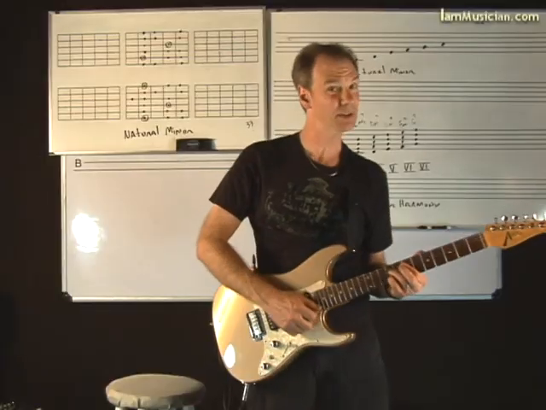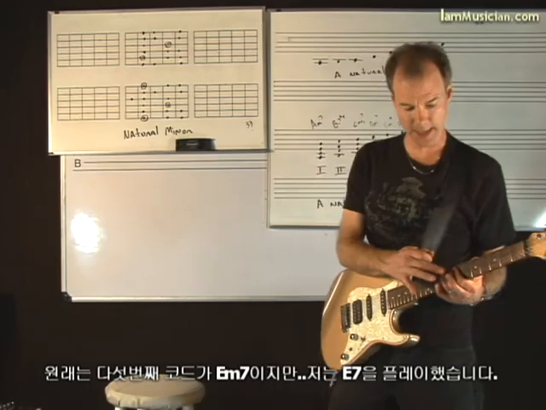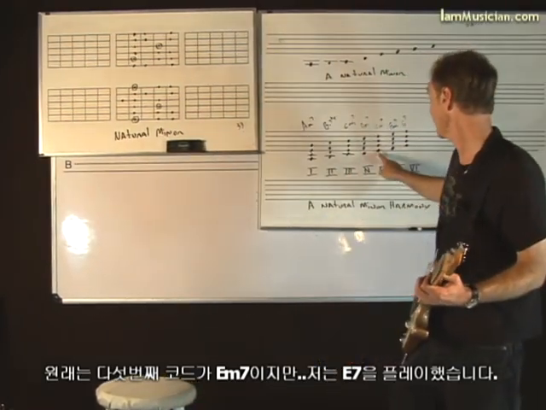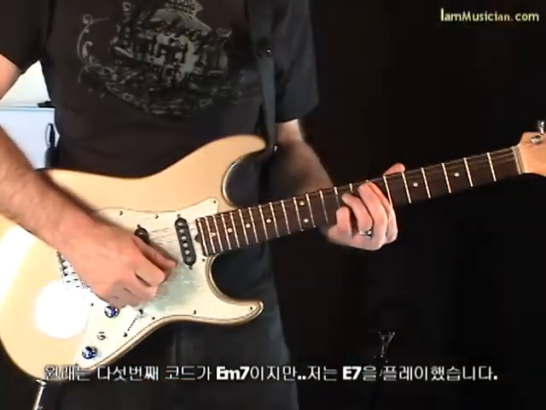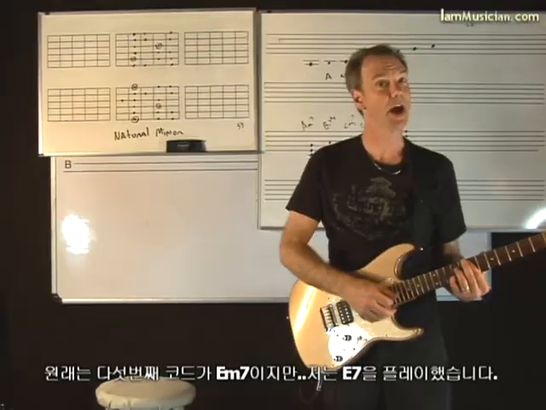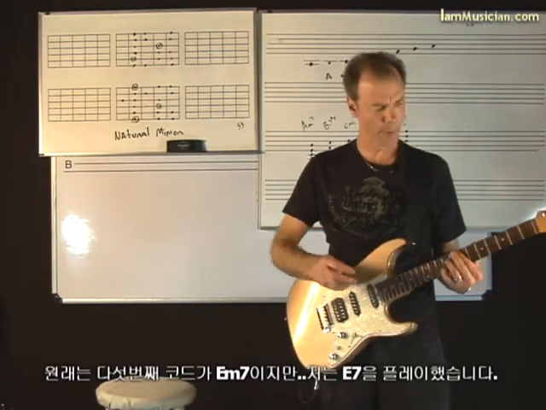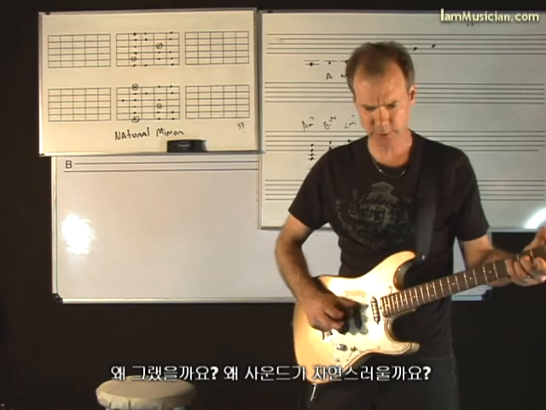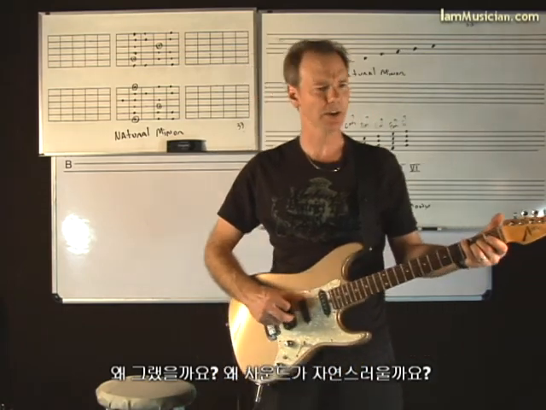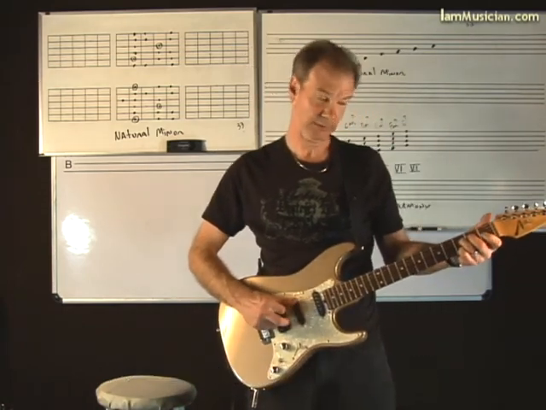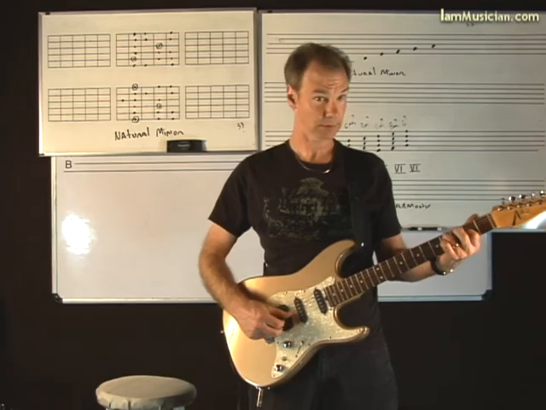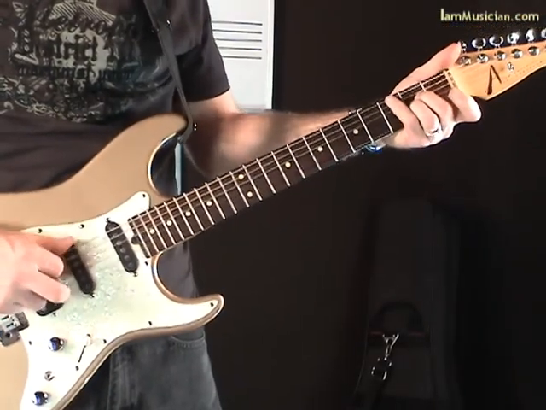I'm getting into a different kind of chord on that fifth chord. Instead of playing E minor seventh, I'm playing an E dominant seventh. Now, why would I do that? Why does that sound natural and nice to the ear? Does sound pretty good, doesn't it?